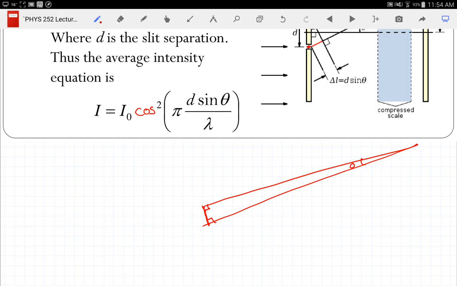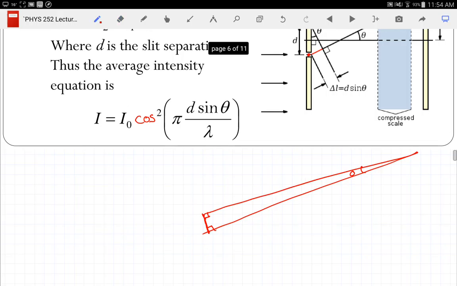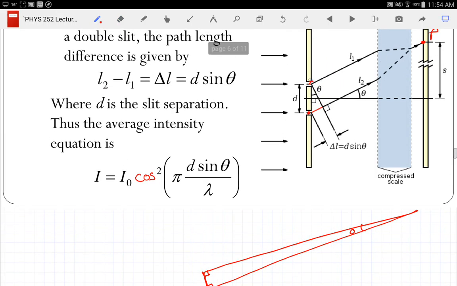So in that case, the difference in the path lengths is just the difference from here where I had to square it off to get those 90 degrees. And so if I call this angle between my plane of the slits and the line I had to square it off, theta, then I can just use, once again, my definition of sine, cosine, and tangent.